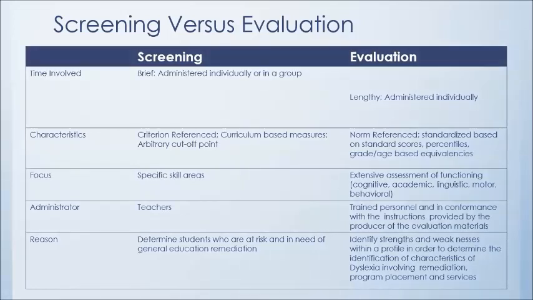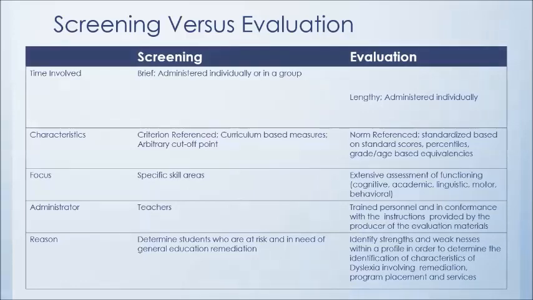The reason for a screener is to determine students who are at risk and in need of general education remediation. However, an evaluation identifies the strengths and weaknesses with a profile in order to determine the identification of characteristics of dyslexia involving remediation, program placement, and services.